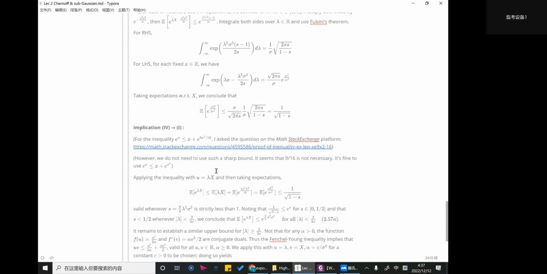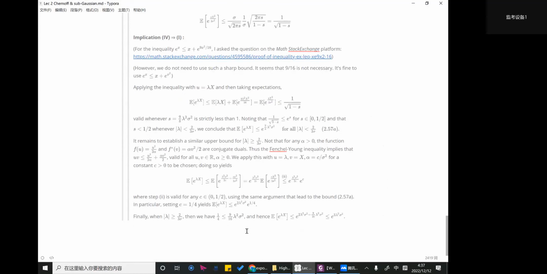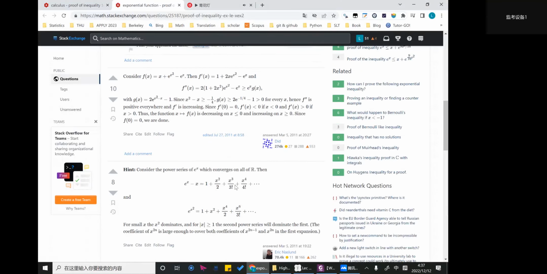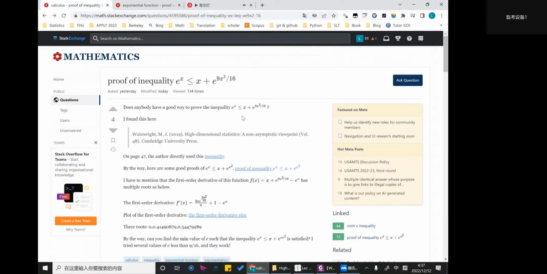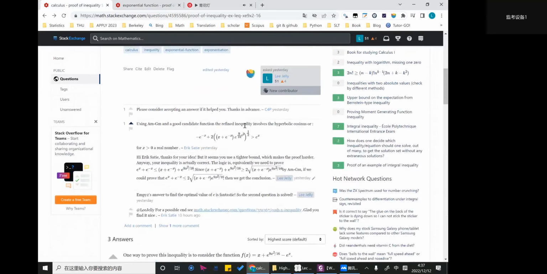So the last question is how this inequality comes from. I asked this question and some people gave me a more intuitive proof. So let's briefly review what it says. So how to prove this inequality?